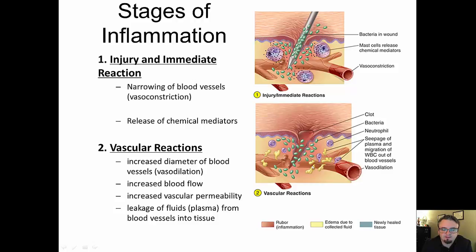With dilation, you're going to have fluid that's going to leak out into the tissue area. From this figure, it looks like all the fluid would come through this opening here, and some of it certainly would. But even in areas outside the immediate wound here, and this is going to get clotted to a certain extent, keep in mind, the vessels are actually going to start to leak.